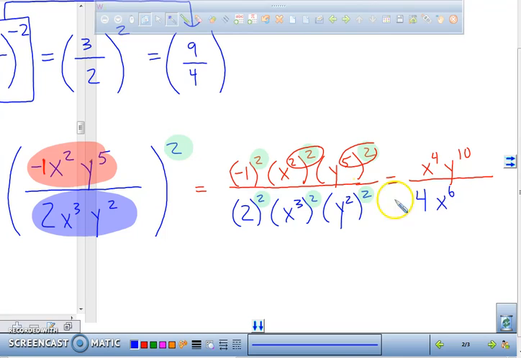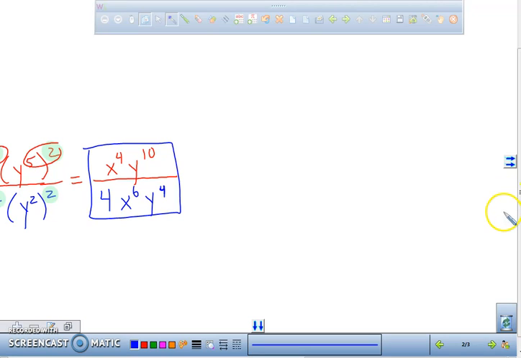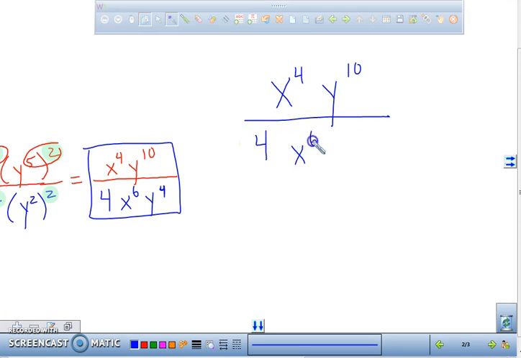Good. And this becomes? Good. So right now, everybody, this right here is what everything has led us up to. No need to hurt yourself right now. It's almost over. All right? So x to the 4th, everybody. We have y to the 10th over a 4, x to the 6th, y to the 4th.